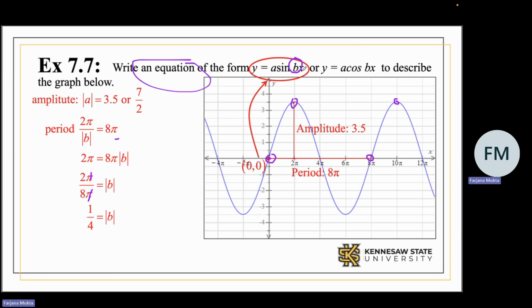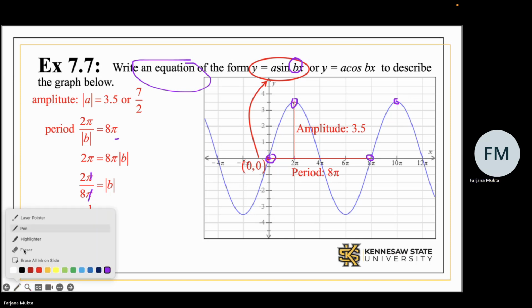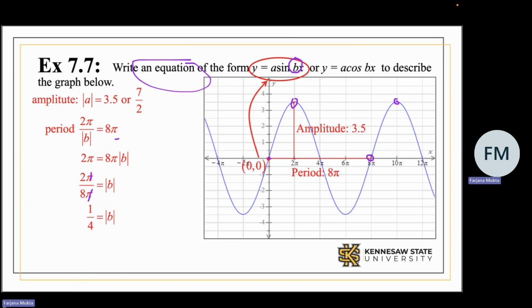Now notice that if we look at the graph, this is the part for 0 to 2 pi. That means here we have the first quadrant, 0 to pi by 2, which is clearly a positive function, right?